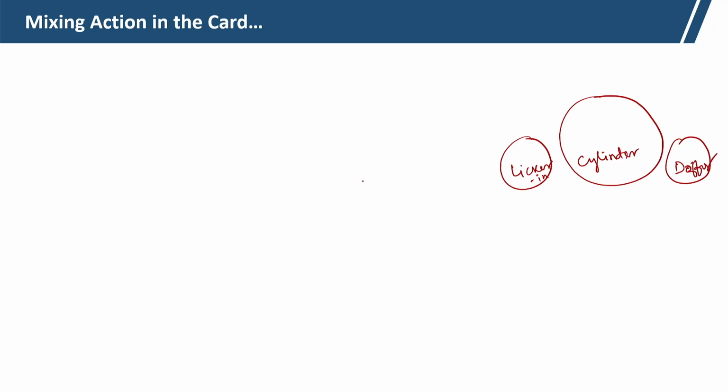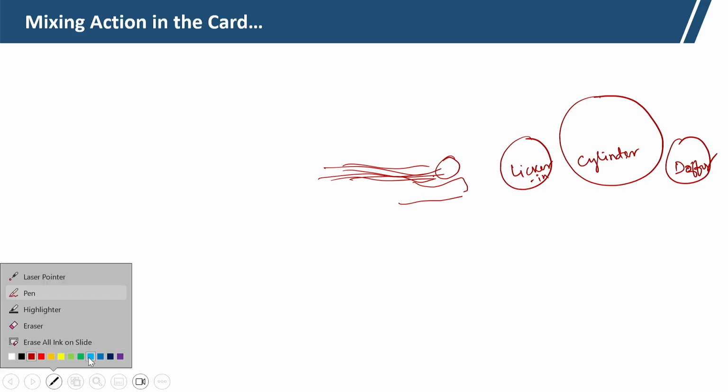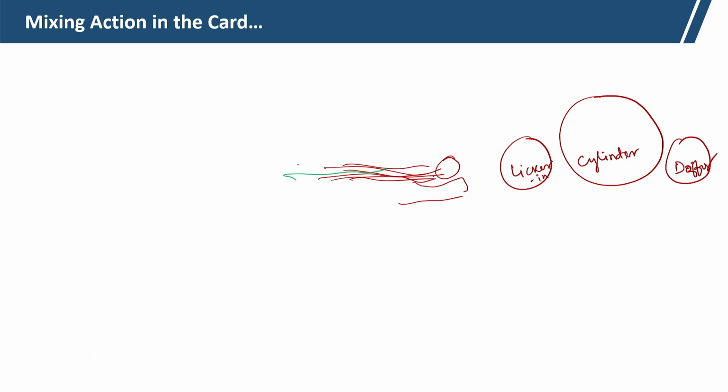Now, suppose we are feeding material. Okay. Now, this is one material, another is fed here. So, red color fiber and green fiber.